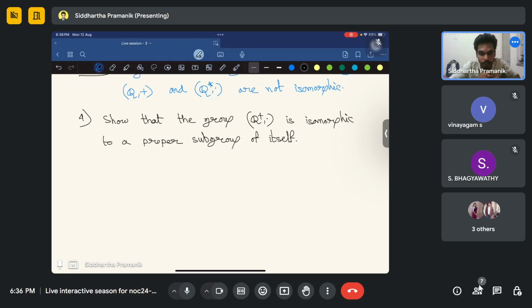Yeah, anyone? Can you guess what will be the subgroup? Or can you exhibit an isomorphism?